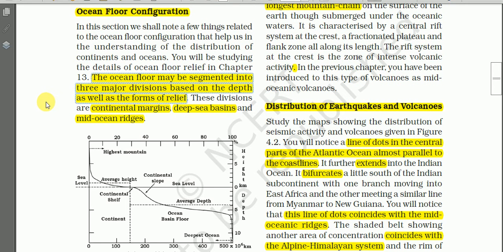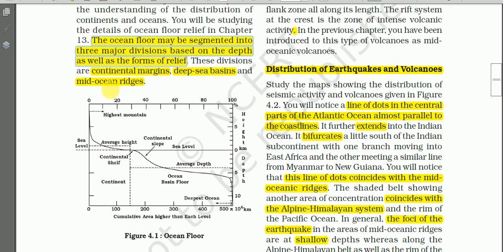The ocean floor may be segmented into three major divisions based on the depth as well as forms of relief. These divisions are continental margin, deep sea basins, and mid-oceanic ridges.